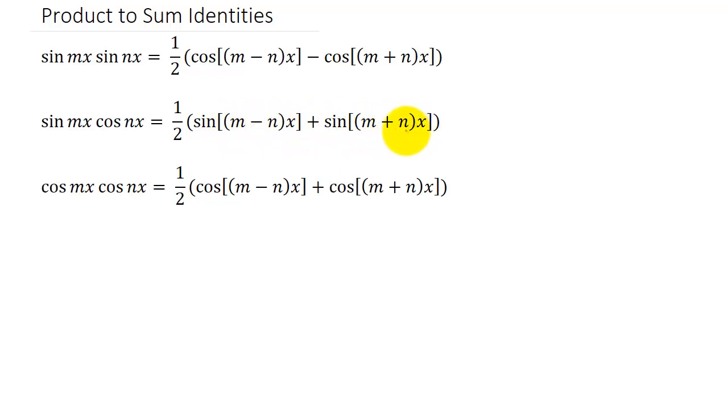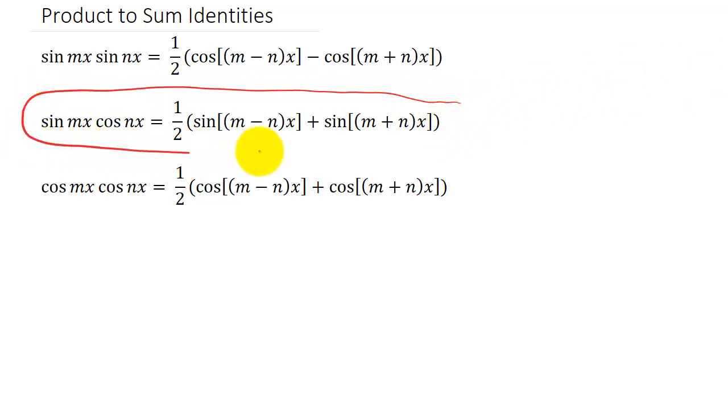Alright, so let's go back to our problem, and we're going to rewrite it using this product to sum identity. If you had sine and sine, then you would use this one. If it was cosine and cosine, you would use this one.